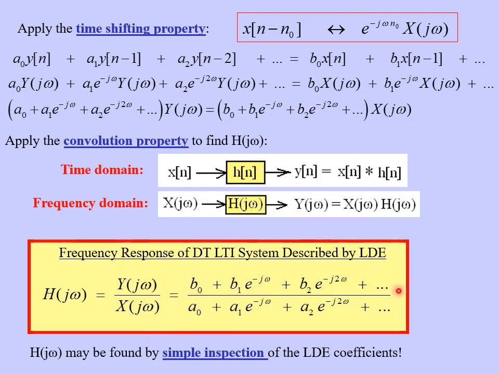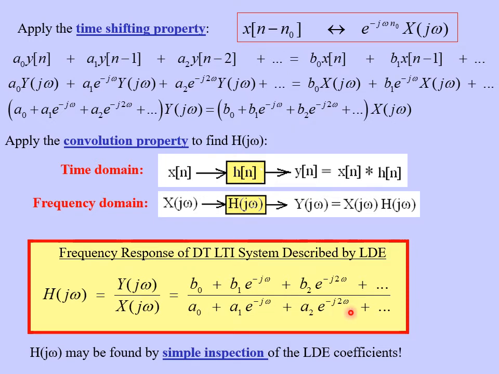And this is, again, very similar, almost exactly the same as what we did in chapter 4, but now the delay terms look a little bit different. So what we've got here on top in the numerator, these are all the x coefficients, the b coefficients. So we've got b naught plus b1 e to the minus j omega plus b2 e to the minus j2 omega, etc., etc.